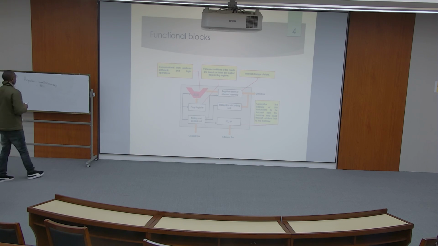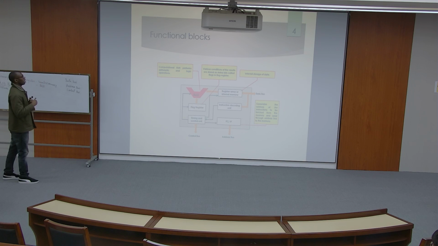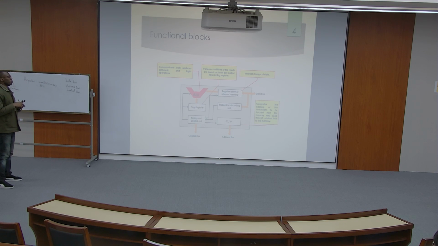If you still remember, we have the data bus to transmit data, the address bus to transmit addresses to memory, and the control bus to transmit control signals. Once the PC/IP generates the address of the instruction, it is transmitted through the address bus to the memory.